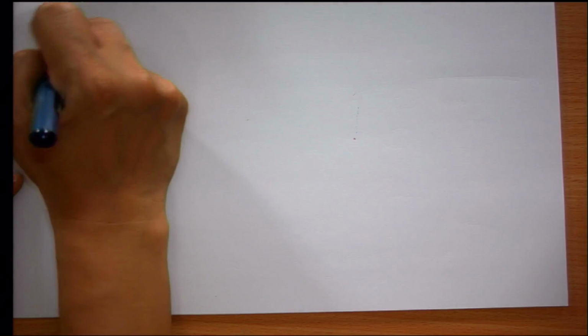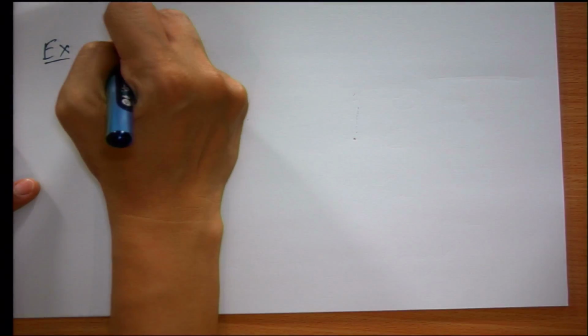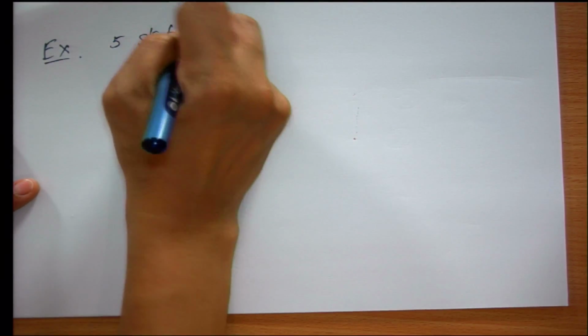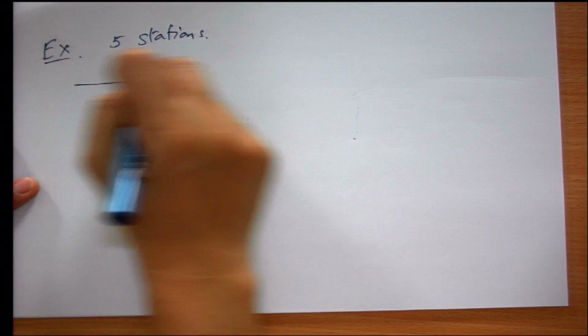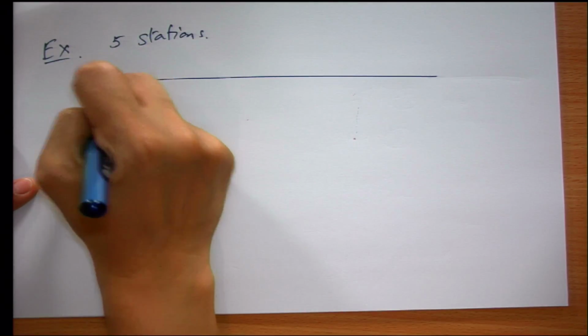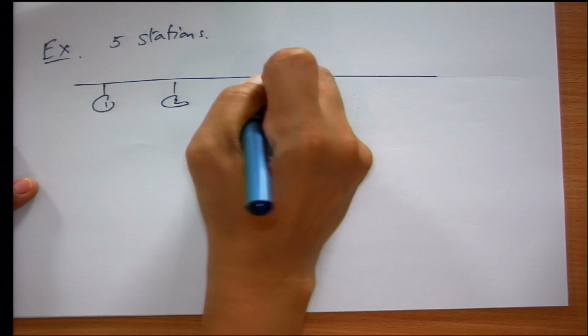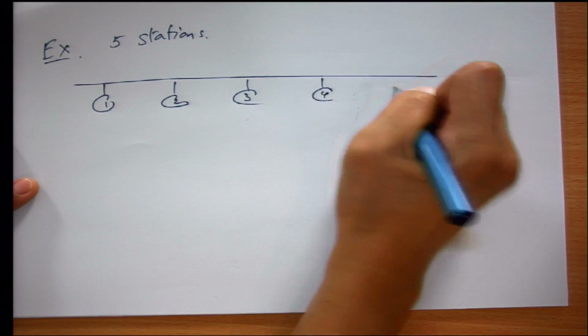Now let's look at some examples. Suppose there are 5 stations, and they are equally spaced. So you have 1, 2, 3, 4, and 5.